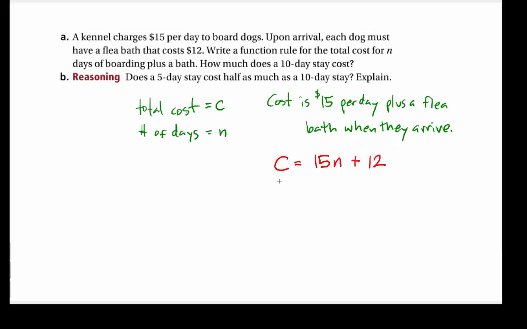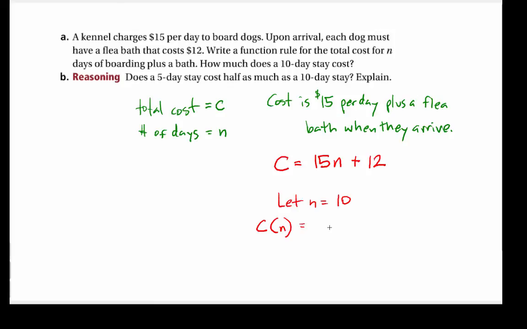So it says, how much does a 10-day stay cost? Well, the second part of this is they're saying, let n equal 10. And let's go ahead and evaluate this function. So the function would actually be C of n. The function would be the cost function, and our independent variable is n.